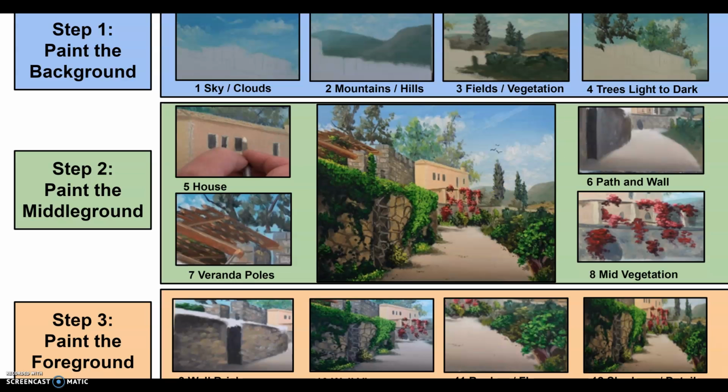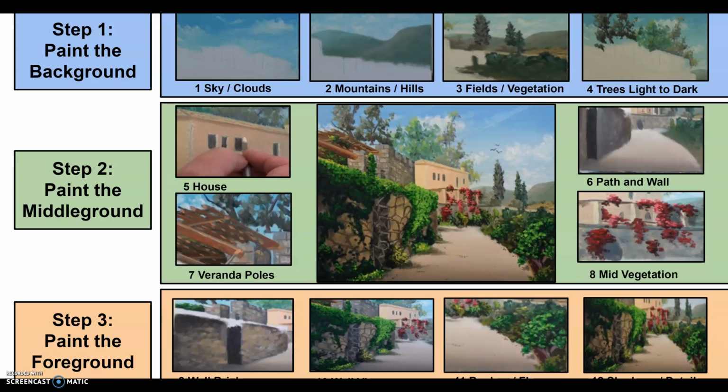You go through the next steps here. Step 1, painting the background. Typically, the first thing you're doing for the background is painting the sky and the clouds. You want to do the entire sky in one sitting, because it's easy to do while the paint's still wet. You can put clouds in there, or you don't have to. I'll show you different ways to do clouds.